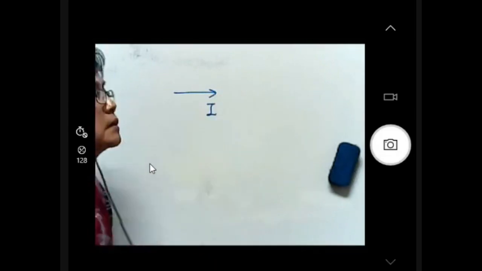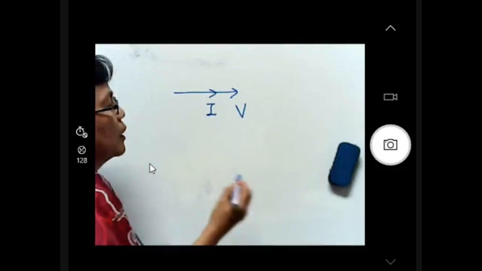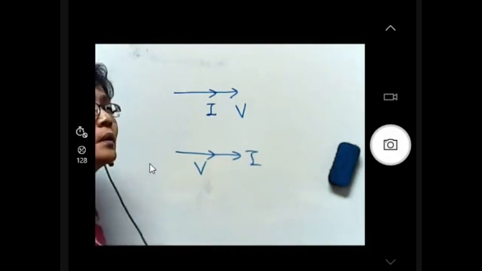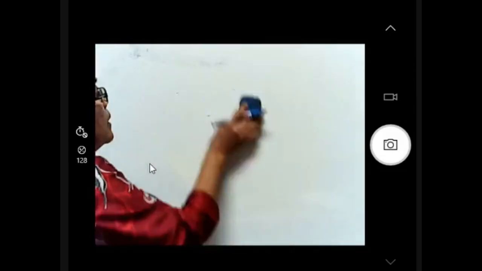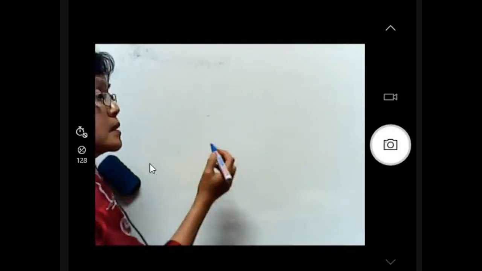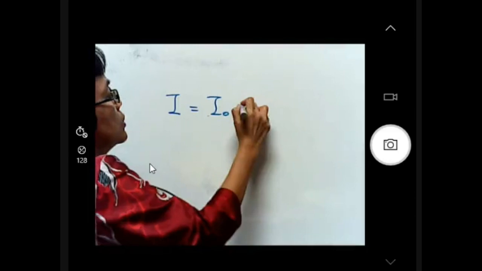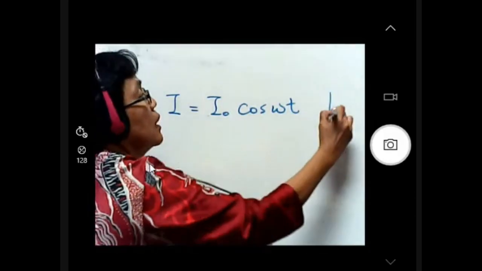So the phasor diagram for a pure resistor circuit will be current and voltage. It doesn't matter. You can draw V and then I. It doesn't matter because we don't really know the value. Meaning, if let's say I have a pure resistor circuit, but my current is I equals I naught cos omega t, then I know my phasor diagram for I is at this position.